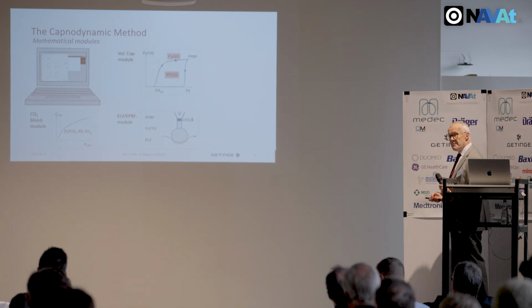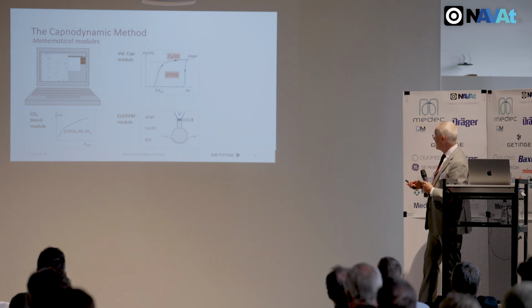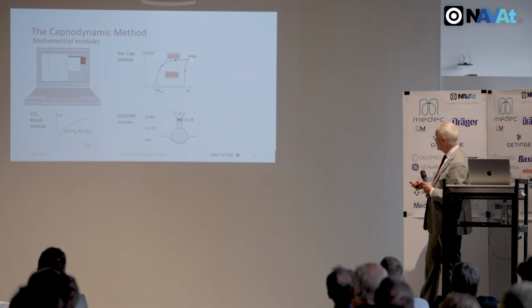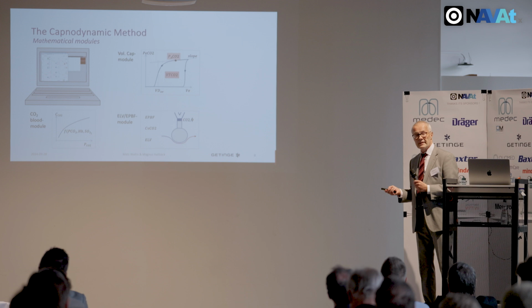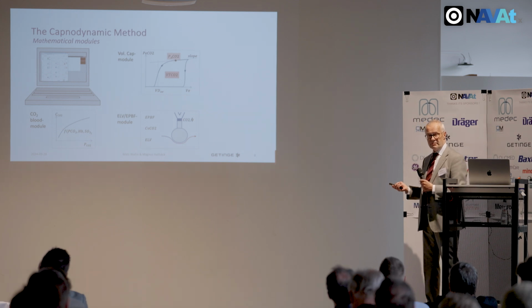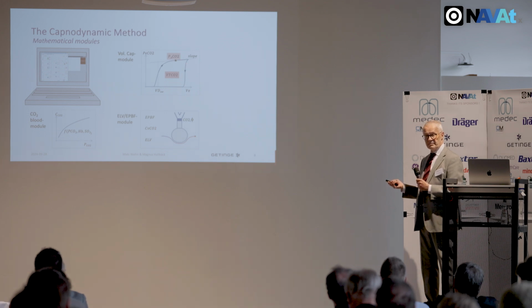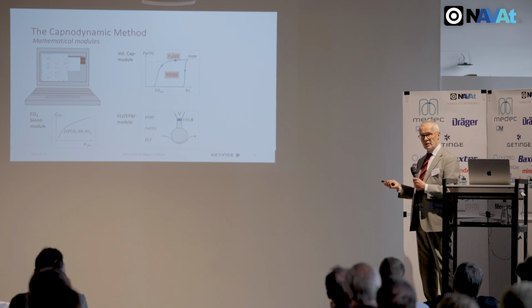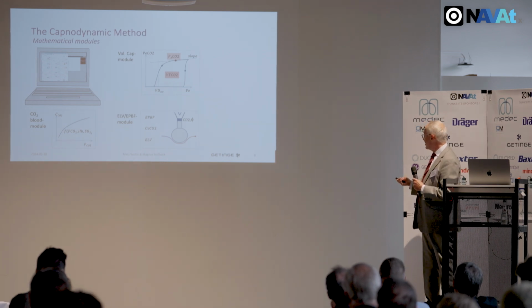The capnodynamic method consists of 3 mathematical modules. The most important thing is that we can very precisely determine the carbon dioxide elimination breath by breath. This needs the volumetric capnogram, and this needs a perfect synchronization between the gas concentration and the flow, otherwise it is a source of error.